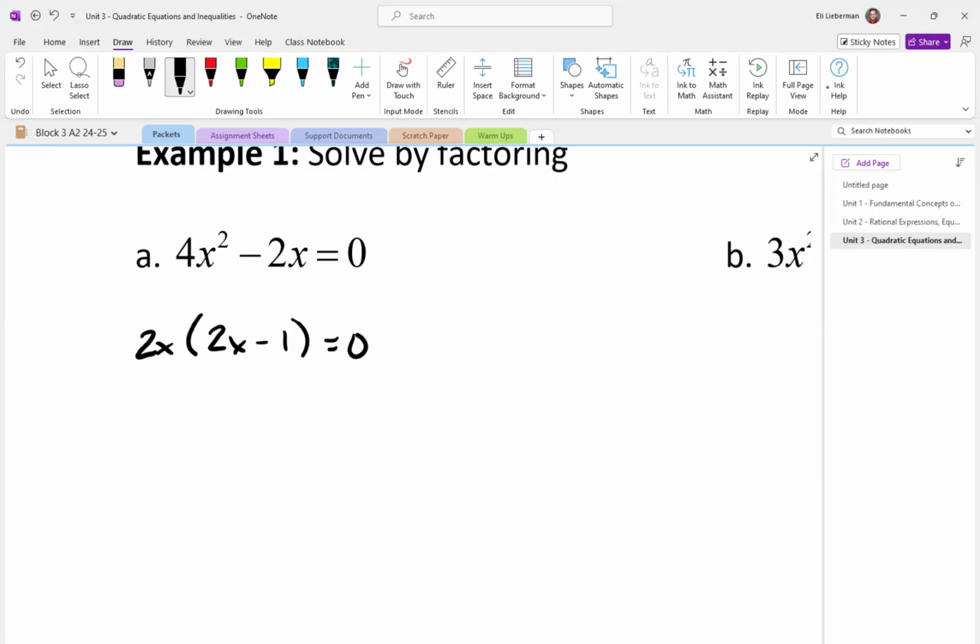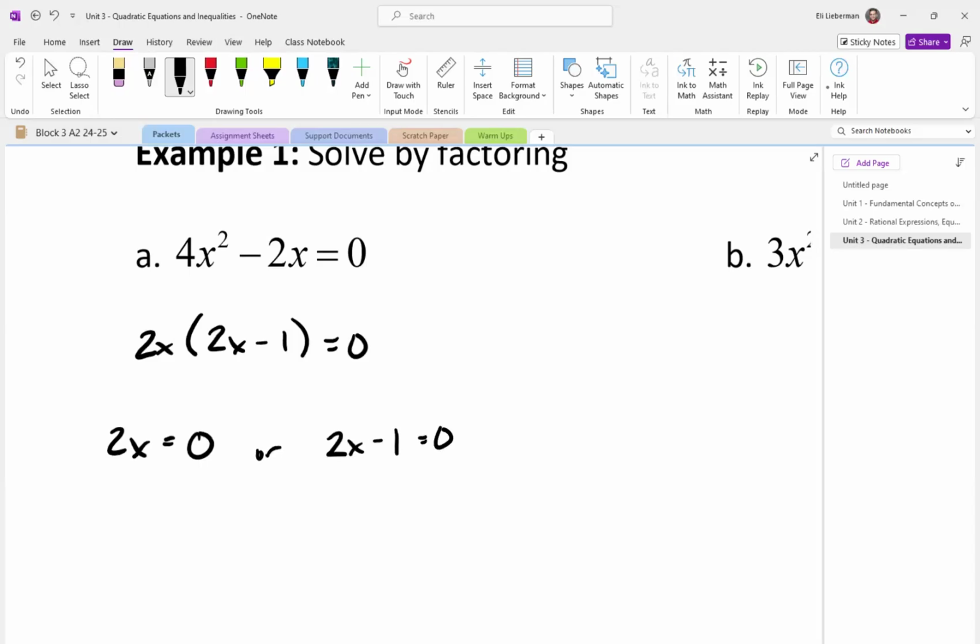So I'm writing it in the form of something times something equals 0, which means we can use ZPP. So either 2x equals 0 or 2x minus 1 equals 0.